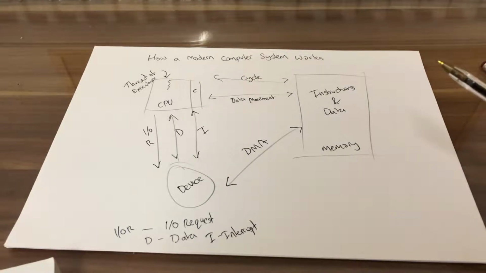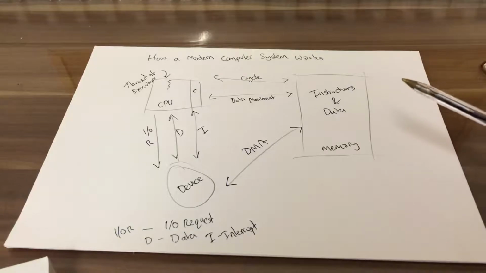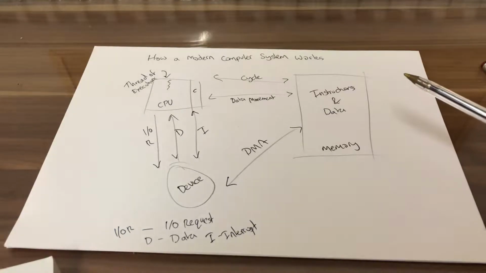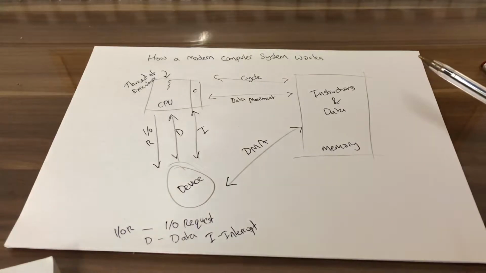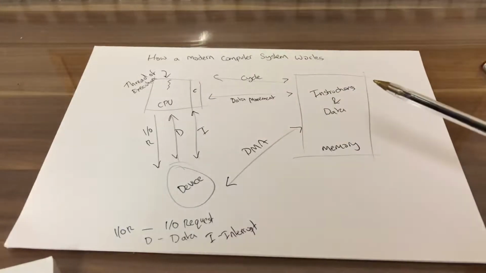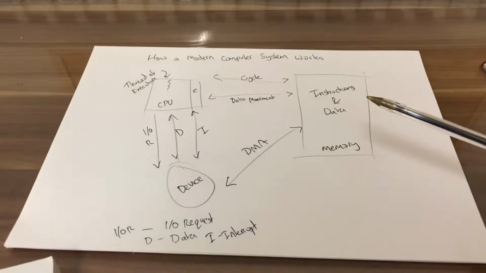The device controller in turn examines the contents of these registers to determine what action to take, such as read a character from the keyboard peripheral. The controller starts the data transfer from device to its local buffer. Once the transfer of data has been completed, the device controller informs the device driver via an interrupt, which is I, that it has finished its operation.